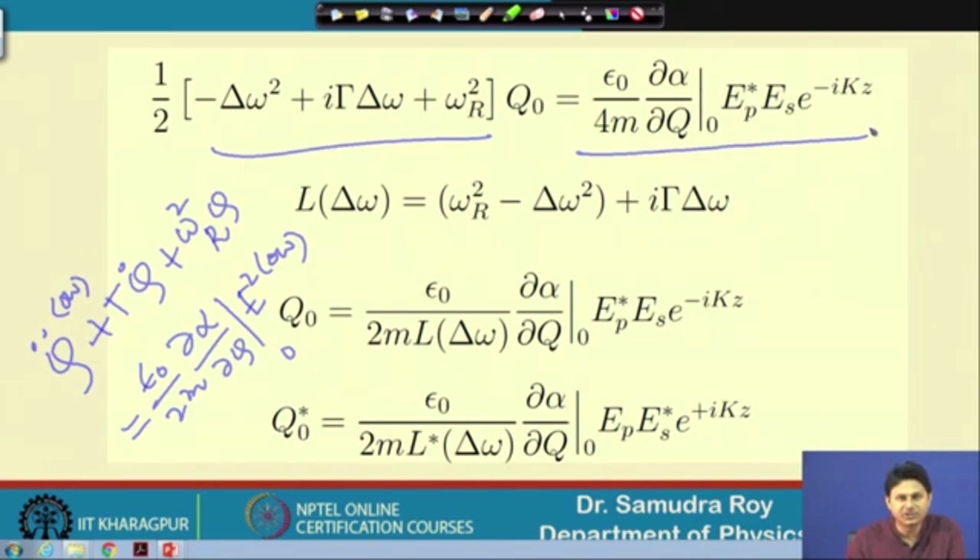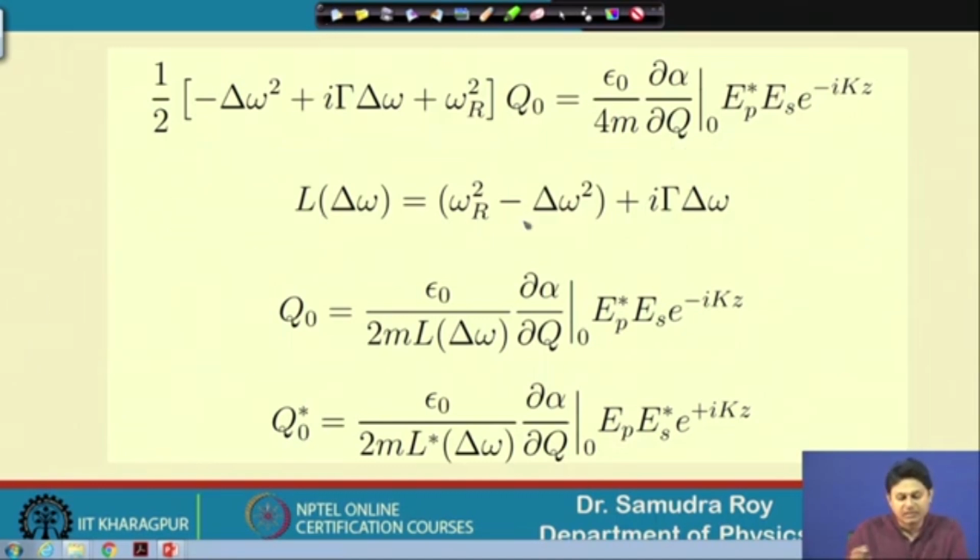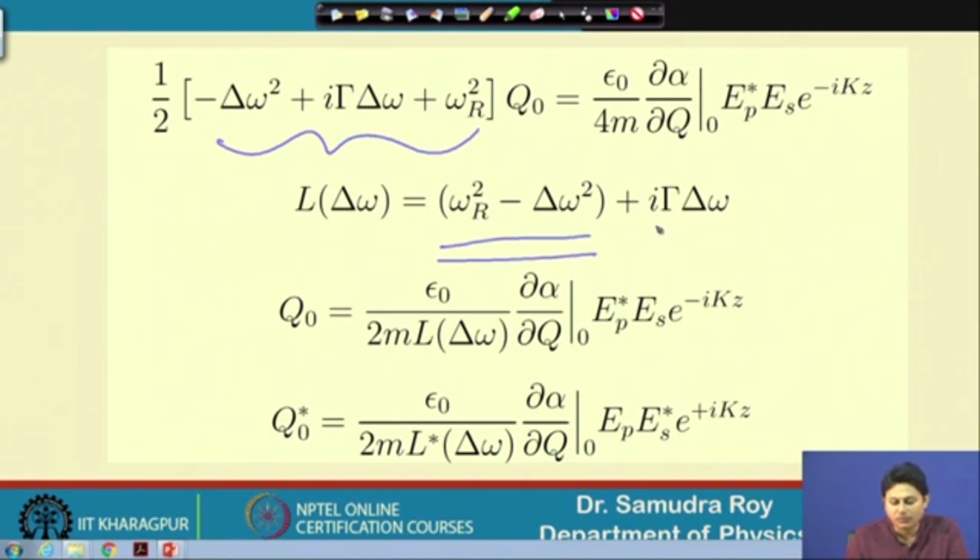Then we need to solve, because we have the delta omega here. I write this entire stuff as an L function of delta omega to make the calculation more compact. So L of delta omega is omega r square minus delta omega square plus i gamma delta omega. L of delta omega is a complex quantity, please mind it.